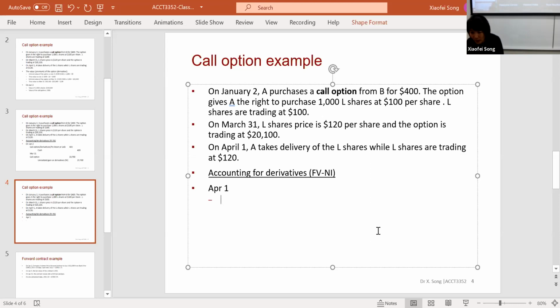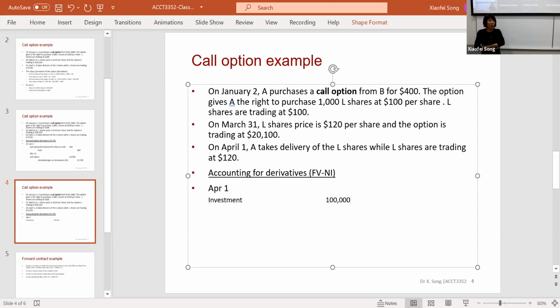So taking delivery means it will exercise, actually purchase the shares. So it will purchase 1,000 L shares. What do you call that? Investment, right? That'll be investment of $100,000.